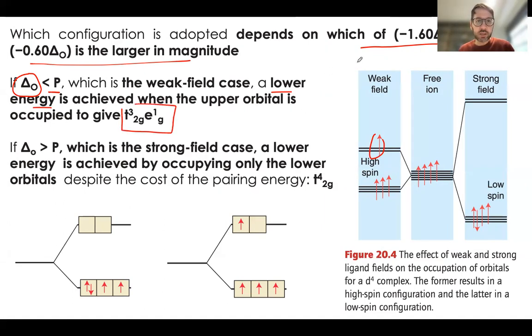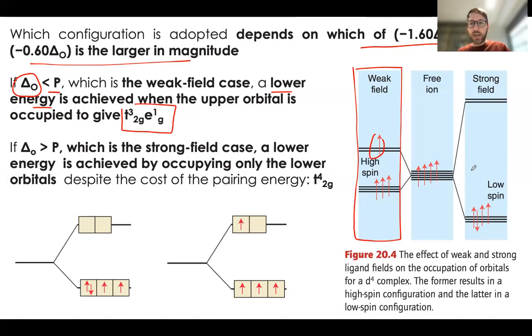This represents what we call the weak field case, which means the ligand field splitting parameter is small, has a smaller magnitude. So the pairing energy is higher, or it costs more energy to pair the electron in the lower orbital than to promote the electron to a higher energy level, to the EG energy level.